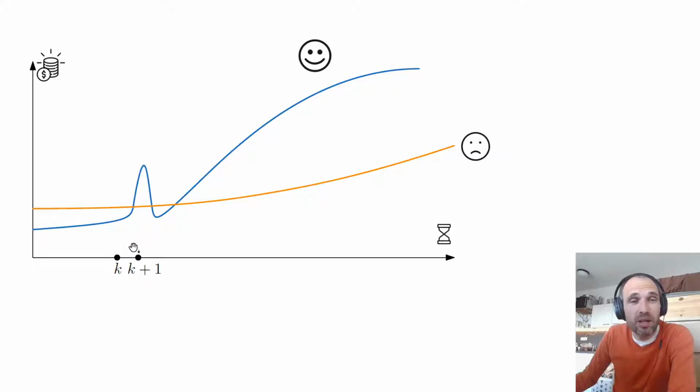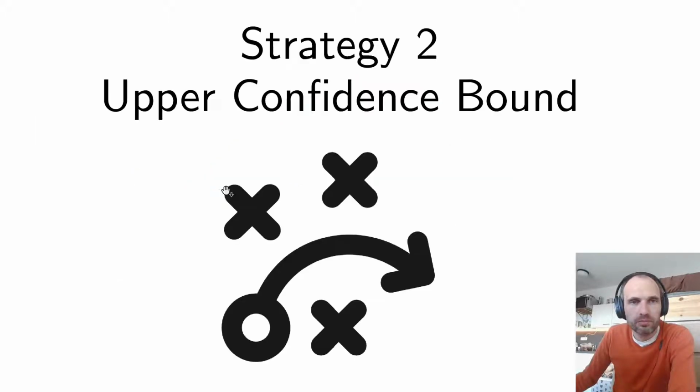And then at the k plus first option, what happens is that you see a spike on the average, and you should think about why this is. This is an idealized curve. One of the homework questions will be, why is that? Okay, so that was epsilon greedy. Now take a break and come back so that you get the next strategy, which is upper confidence bound.